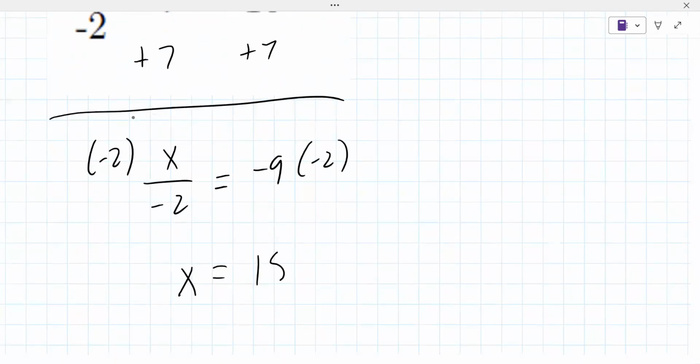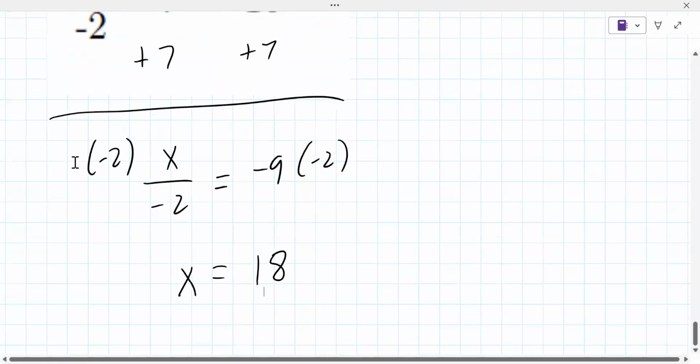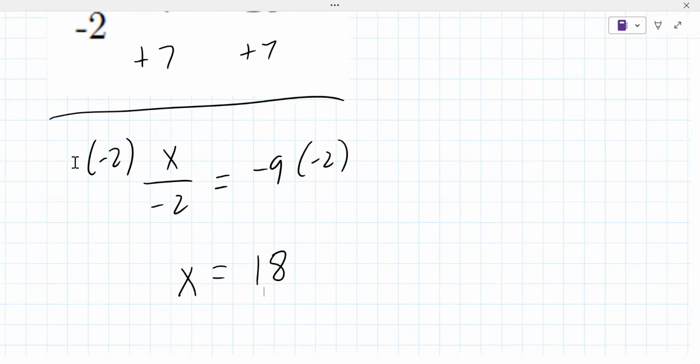X equals 18. Okay. All right, so whatever you see on the bottom is what you multiply by.